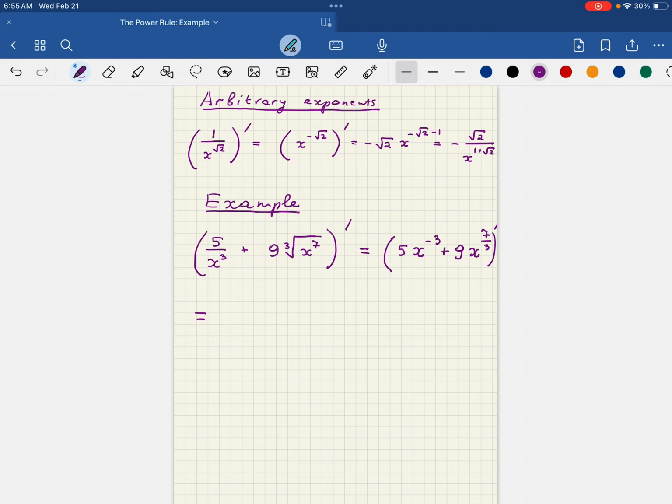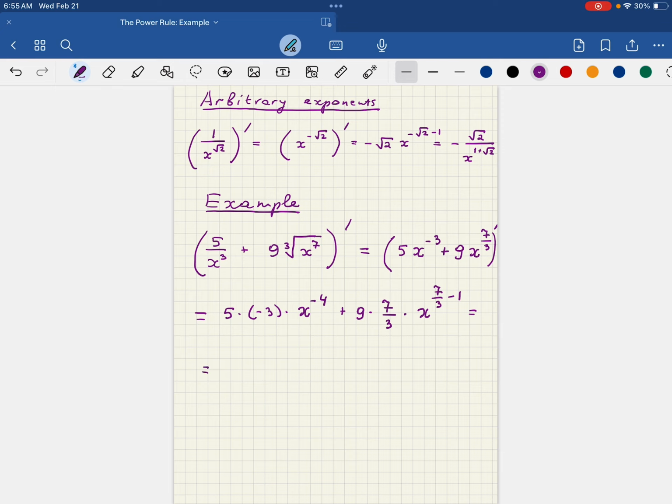In other words, the derivative of 5x to the power negative 3 will be 5 times negative 3 times x to the power negative 4. And similarly for the second term, so plus 9 times 7/3 times x to the power 7/3 minus 1.